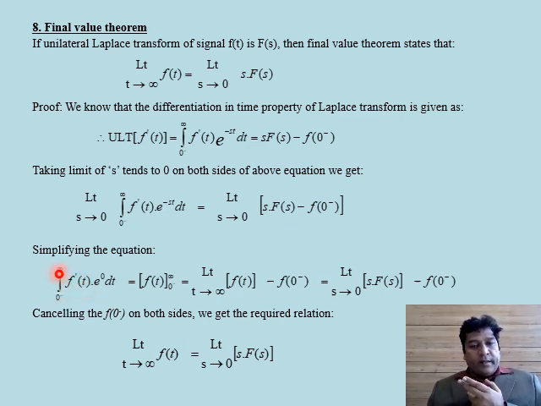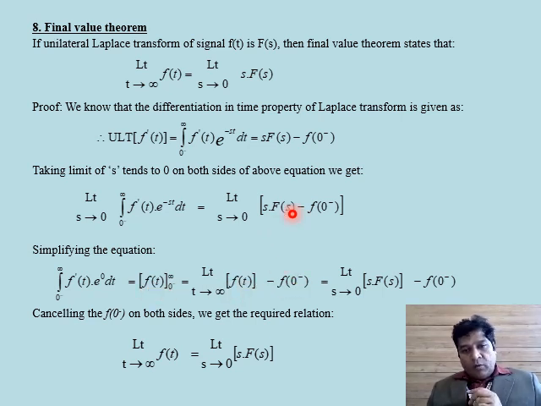So the integral of the f dash of t will be again f, because the derivative f dash is cancelled by the integral. So again you will get f of t. And now you have to apply the limits, whatever is the limit of the integral, which is 0 minus and infinity. So the first term will be limit as t tends to infinity f of t minus f of 0 minus.